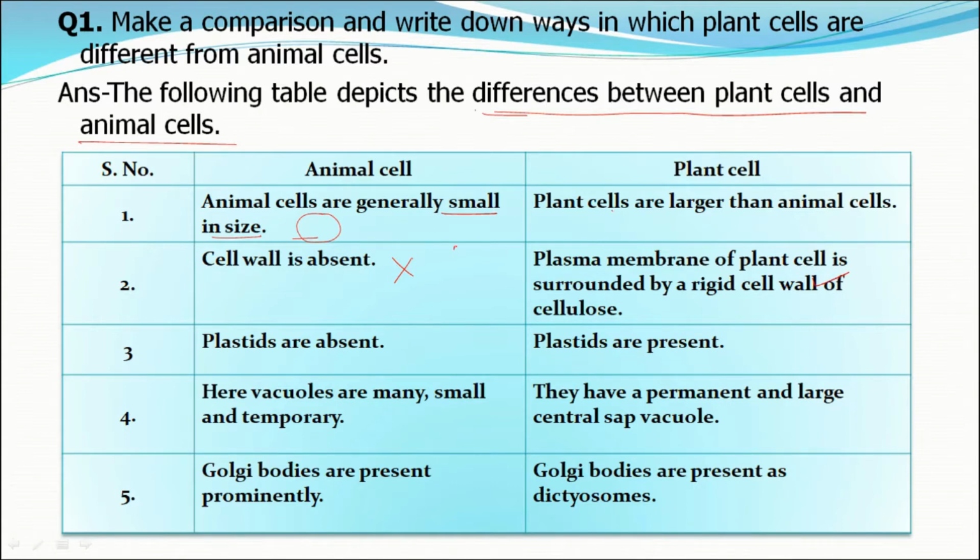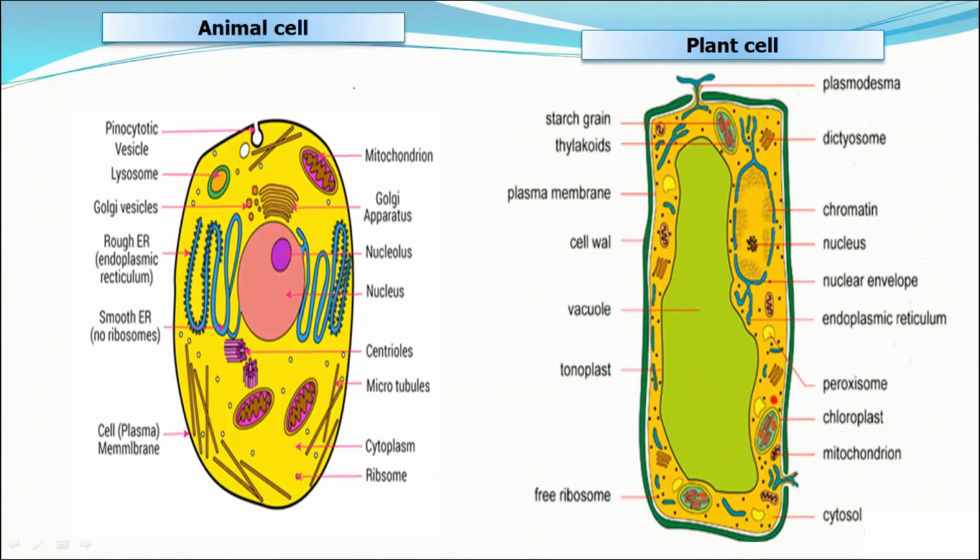For understanding these points, we need to look at these two pictures. Let me show you. Now look here. If you observe animal cell, you will see it is surrounded by a single layer, and that single layer is known as the plasma or cell membrane.